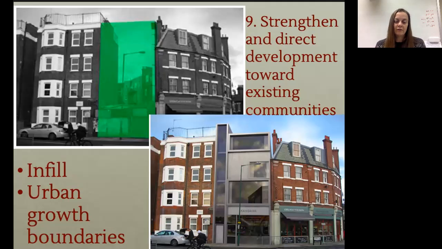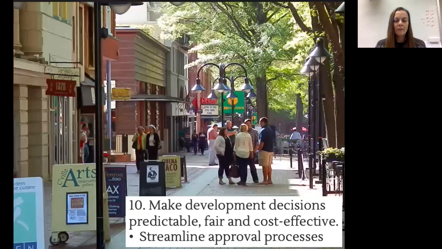And so that kind of sets that urban growth boundary on our cities. And then the 10th principle is to make development decisions predictable, fair, and cost effective, trying to consider all of the inputs, but also have a streamlined approval process.